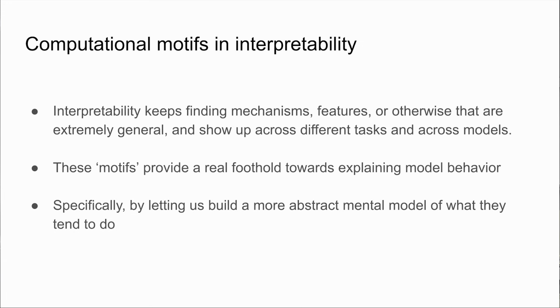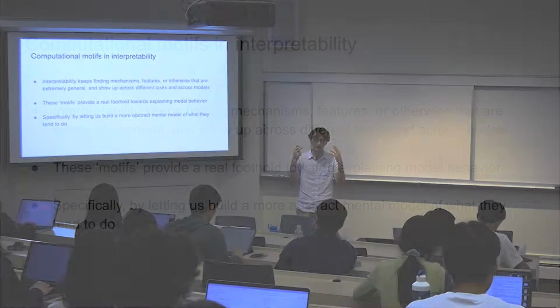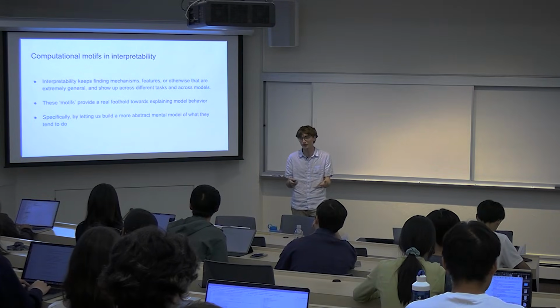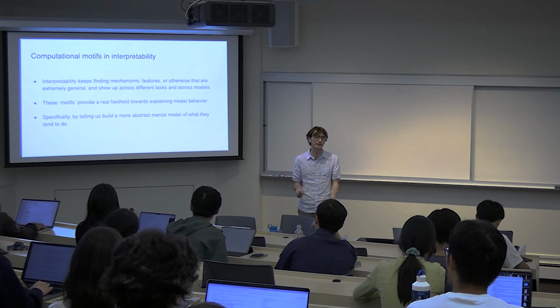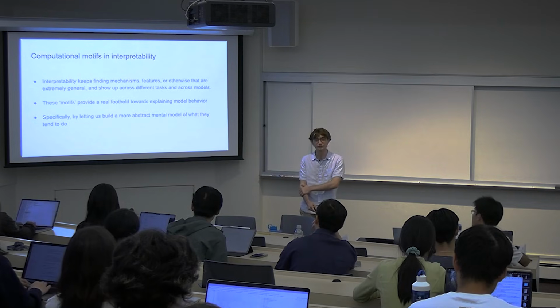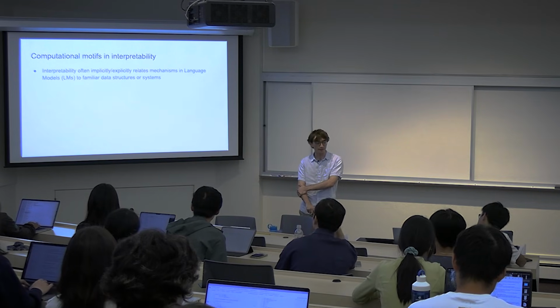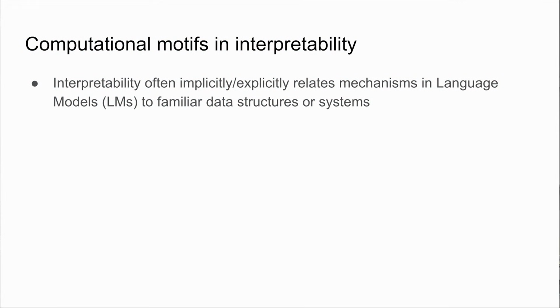And I think an important part of this is building our mental model of what kind of program, for example, a transformer language model is, or any model that we're considering studying. I will point out that this is sometimes implicitly made by papers in the field, or maybe more explicitly, usually relating language models, or any model again, to familiar data structures.